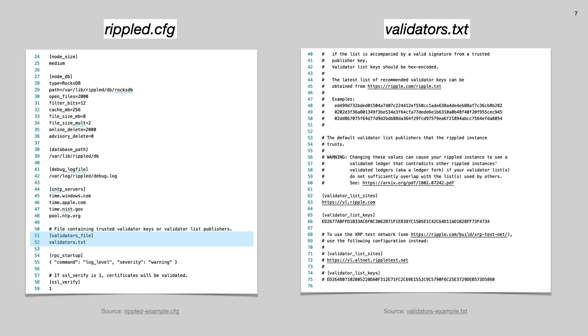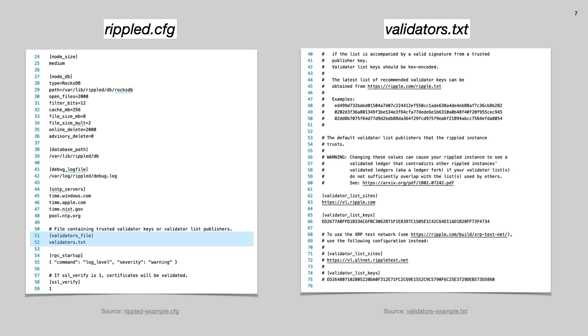Here in the picture you can see both files, and they were taken from the Ripple Git project. These are the configuration files recommended by Ripple to be used. The Ripple configuration file has configured some things like server addresses, ports, database settings, and many other things.